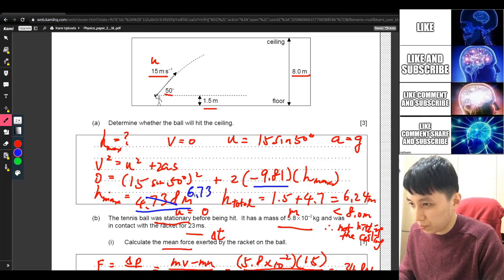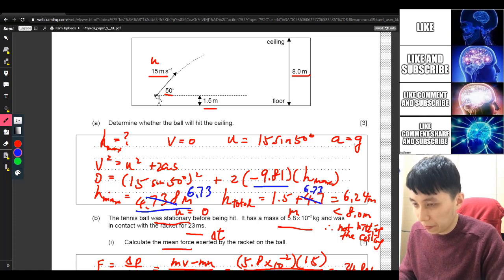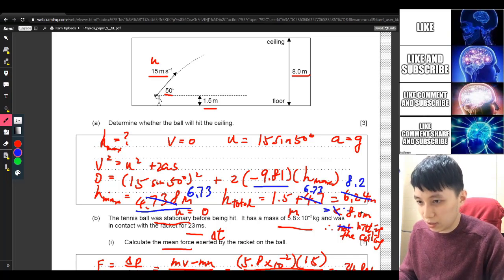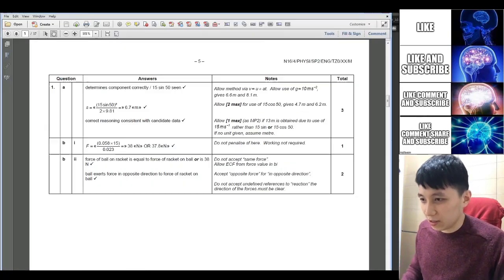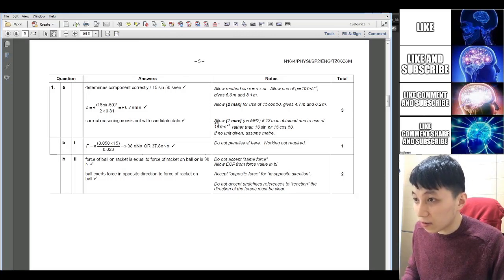Okay, 6.73. And so this will be 6.73 plus 1.5. Oh no, so actually it is going over. Alright, should be greater. Okay, so it's hitting. Oh my god, it's a huge mistake. Right, so I think it should be hitting, I believe.